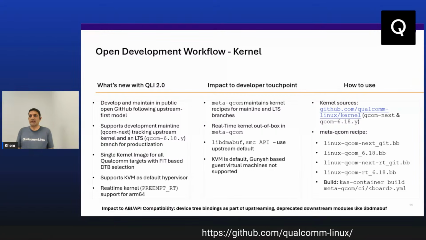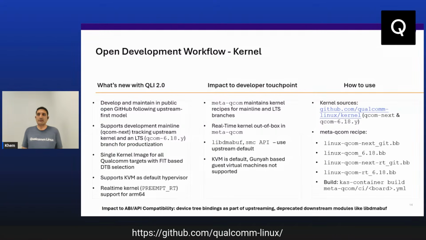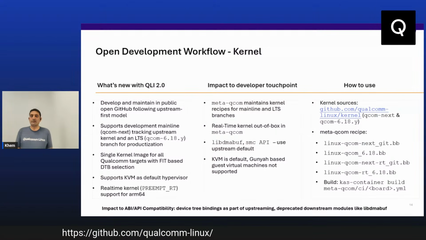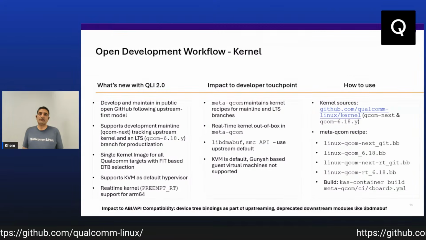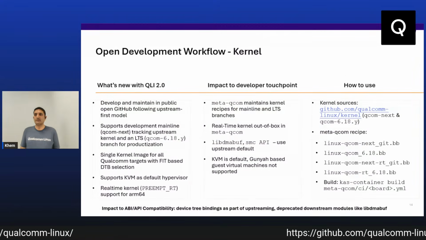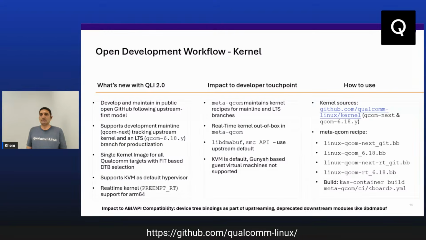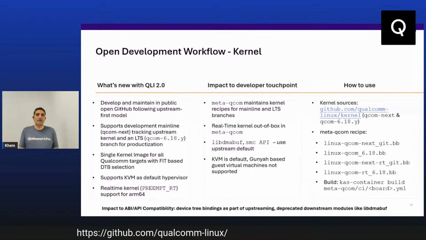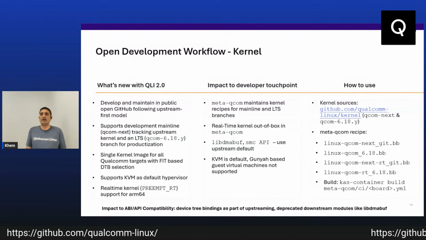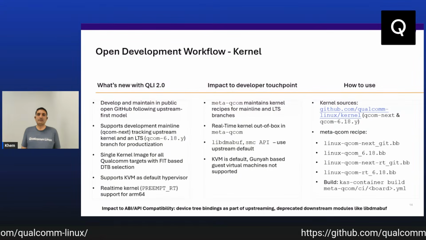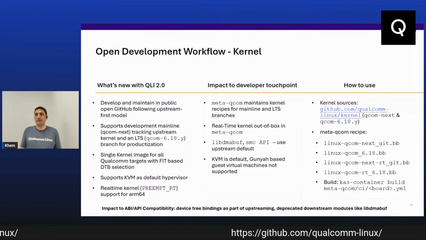It supports a mainline, which is called Qualcomm Next Branch. It is modeled on the master next branch of the upstream Linux kernel, very similar to that. And all our release branches, which is 6.18 right now, are cut out of that. And all the fixes for the release branches flow through the mainline.